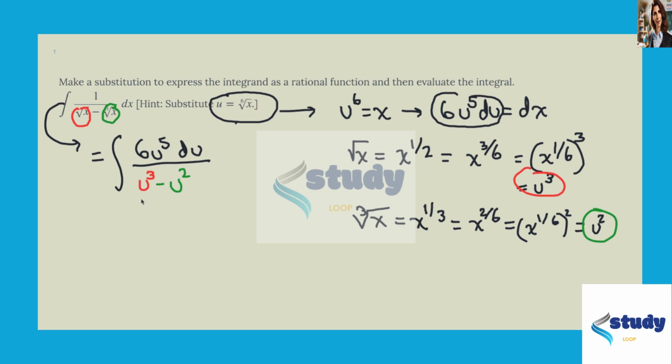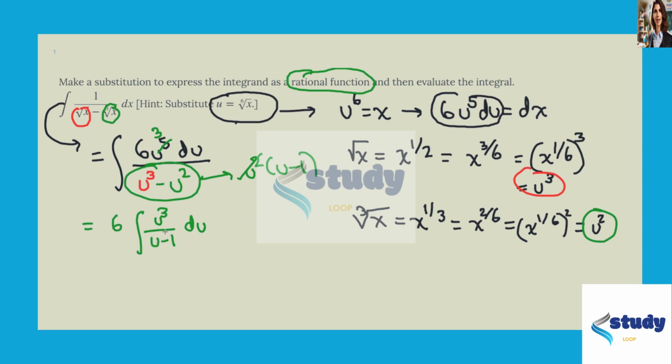We see in the denominator we can factor out u squared, and then we can cancel that u squared with 2 of these up top. I'm just left over with 3. So let me pull out that 6, u cubed, and then u minus 1 on the bottom. Now, this is our rational function that they wanted.